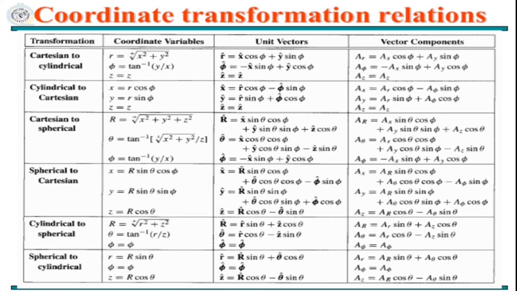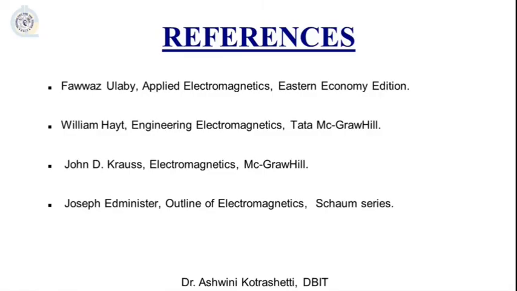The individual computations of each of these transformations are out of the purview of this video. These are the references that were used in making this video content and preparing the teaching material.